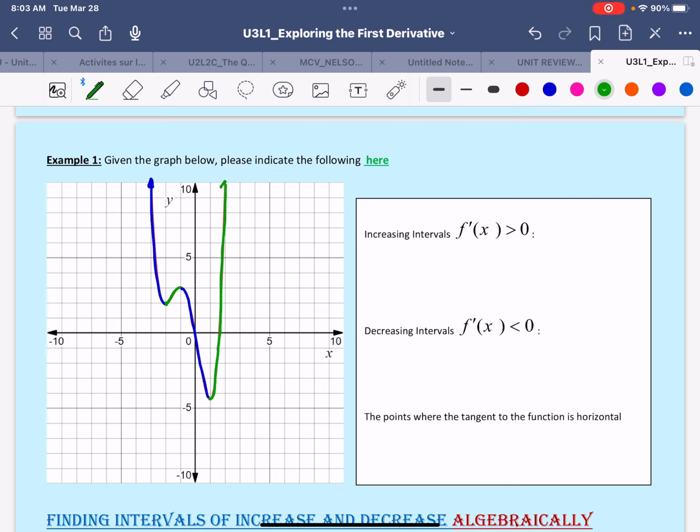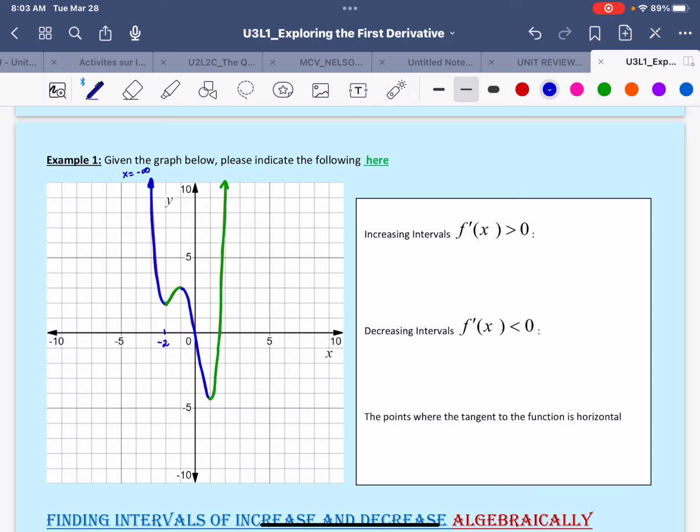So let's read the x values for which the function is either increasing or decreasing. We're going to take a look at the first piece that is in blue, and you see that this will start at negative infinity and will end at x equals negative 2.